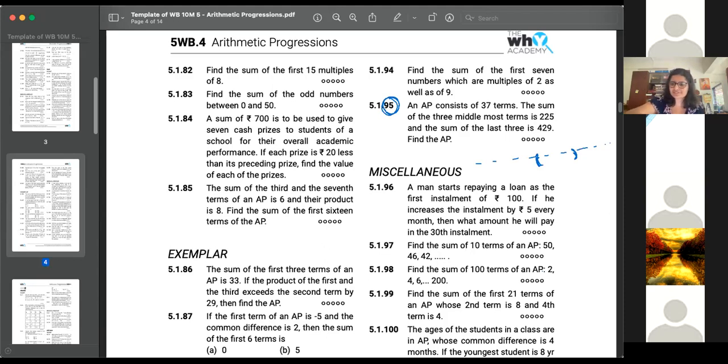Tanusha has already finished finding the AP. Mansi, yes, those are the middle terms. Neil also has found out the AP. Very good. Puneet is also done. Is L the last term or L is 37? N is 37, which is the last term. Total, there are 37 terms. The last one is 37. No, the value of L is 37. Oh, L is not 37. L is the last term. Okay.